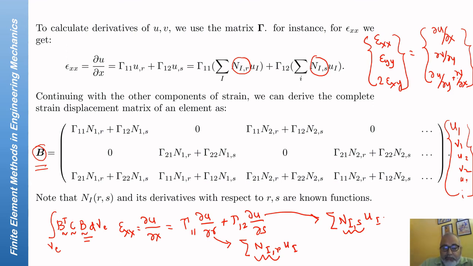And B transpose is also known. So you can calculate these. You can calculate KE quite easily once you have the B. Now, how do I do this integration? That's what we are going to talk about next.